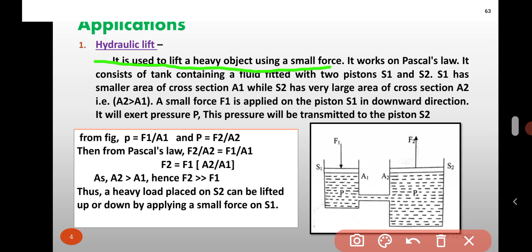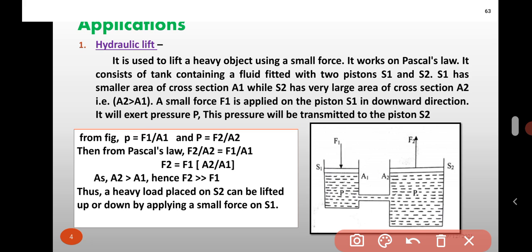If we apply this small force, then heavy objects can be lifted by using this hydraulic lift. It works on Pascal's law, meaning we apply a small force, then the pressure is transmitted.